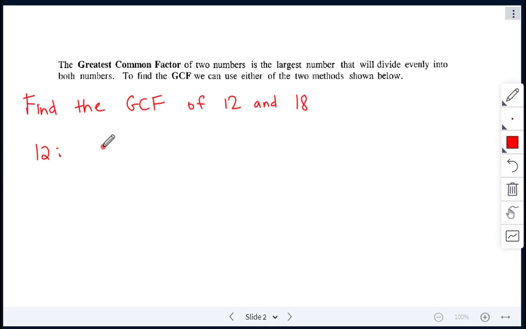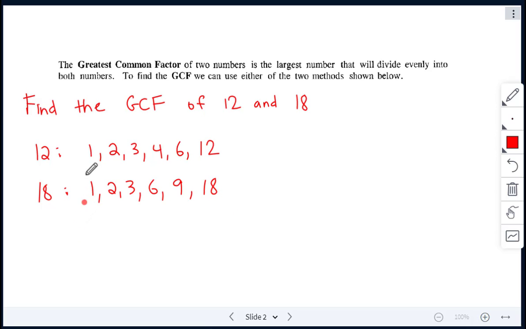So for example, for 12, the factors would be 1, 2, 3, 4, 6, and 12. All right, 1 times 12 gives me 12, 2 times 6 gives me 12, and 3 times 4 gives me 12. And then we would do the same thing for 18. We would write them all out. So 1, 2, 3, 6, 9, and 18.